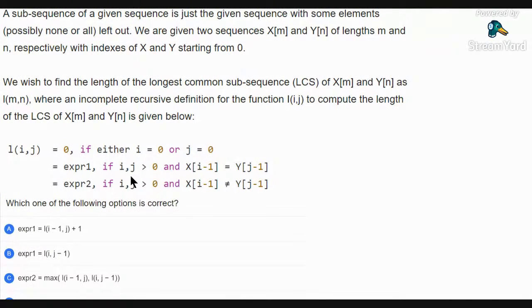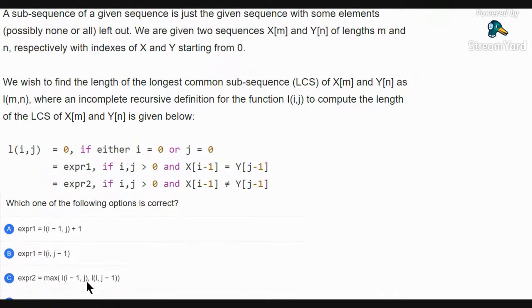Expression 1 will be something like i minus 1, j minus 1, plus 1. Here we can see i minus 1, j, this is wrong. In expression 1, once again, i, j minus 1 is also wrong. Then we will see expression 2, it is nothing but the max of i minus 1, j. And what is i minus 1, j? It means we are talking about the previous row.